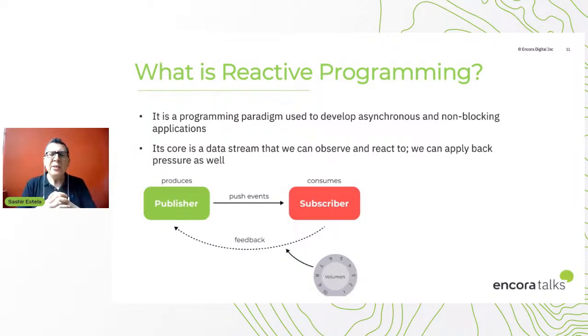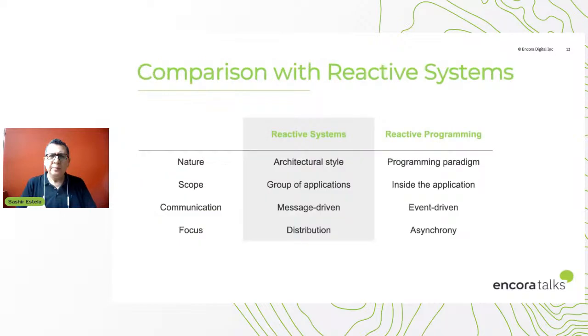And the subscriber has a mechanism called back pressure in order to communicate to the publisher how many events the subscriber can handle, in order not to overflow and not to miss data, because without back pressure, the subscriber can miss information. This is the definition of reactive programming.